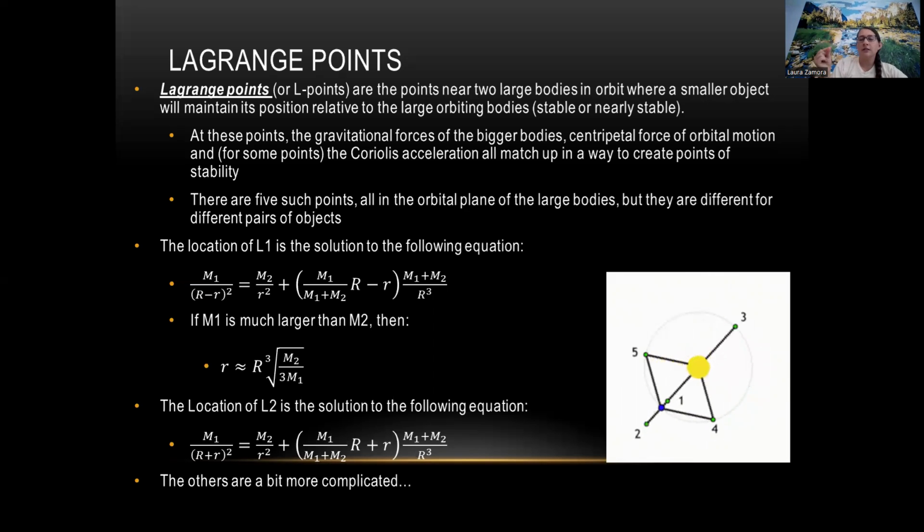And so it just needs a little bit of correction every now and then to maintain that position in the L2 point. Because the L2 point is not completely stable, it's a nearly stable point. So it just kind of hovers there in that L2 position, and then we can minorly correct it every now and then when we need to keep it in that point.